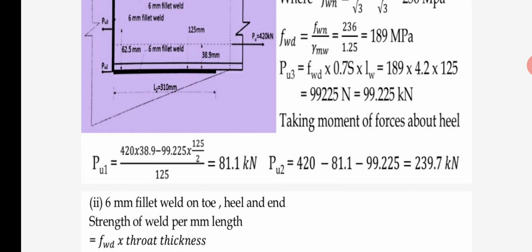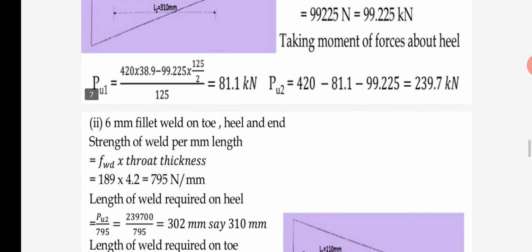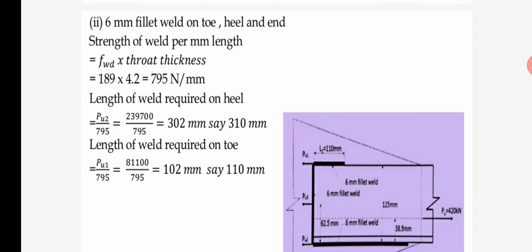So PU1 we directly find as 81.1. Now we know the values of PU3 and PU1, so we find PU2 as the total force minus PU1 and PU3. PU2 is calculated as 239.7 kilonewton.